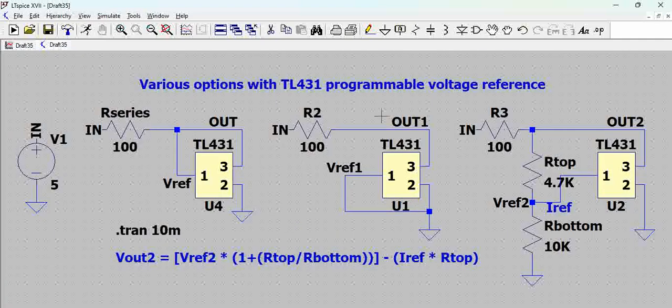Let us zoom in. In the second case, VREF is connected to ground. That means you have the internal reference of 2.5 volts. VREF is always 0. Whatever you give at the input, it just follows. That means the output here is expected to be 5 volts. Let us try to probe it.